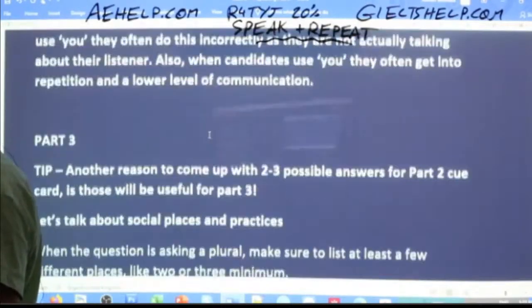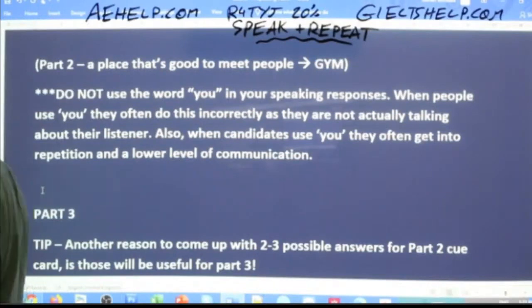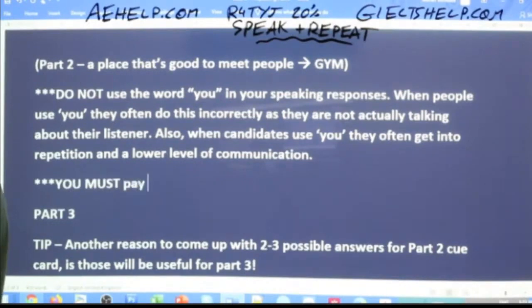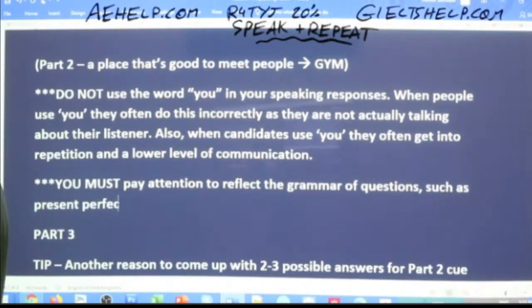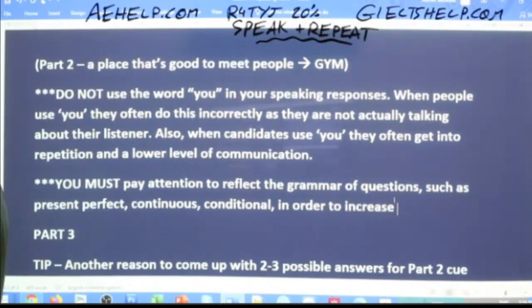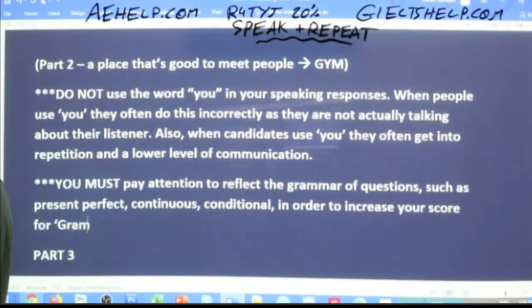Okay? So this is my next tip here, students, is you must pay attention to reflect the grammar of questions such as present perfect, continuous, also known as progressive, or conditional, in order to increase your score for what's called grammatical range.